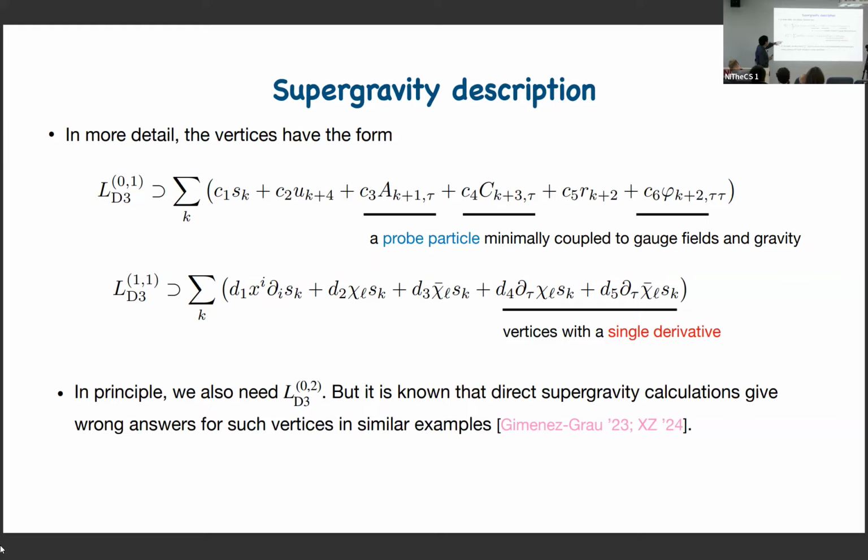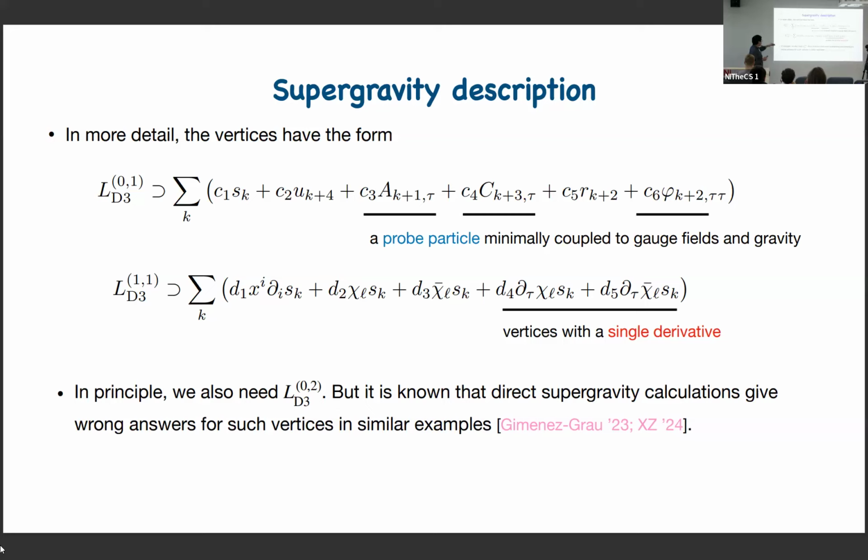Also for these (1,1) type of vertices, the interesting thing to notice is that now there can be an odd number of derivatives. This is because the line is 1D, and you don't need to contract the derivatives in order to preserve rotation invariance.